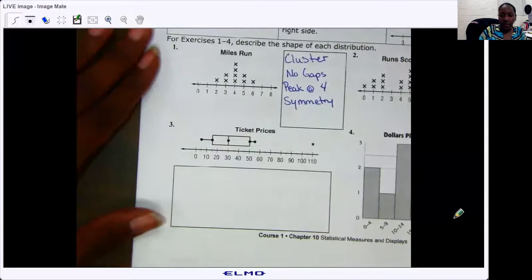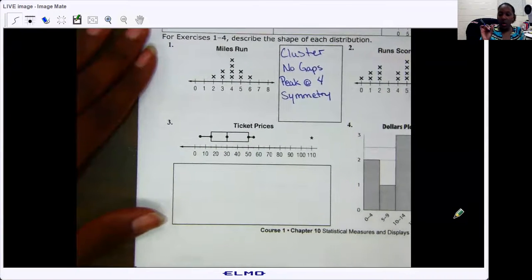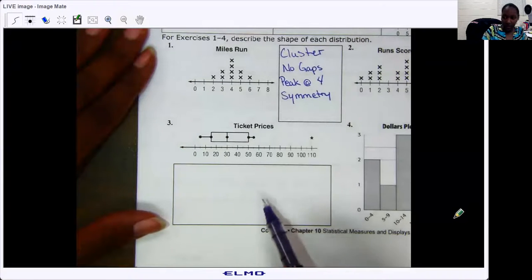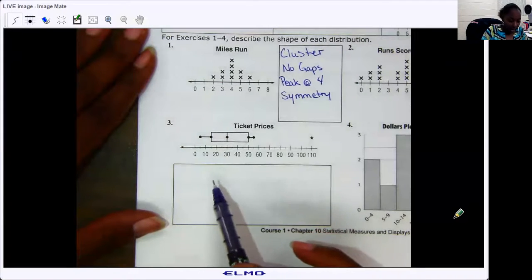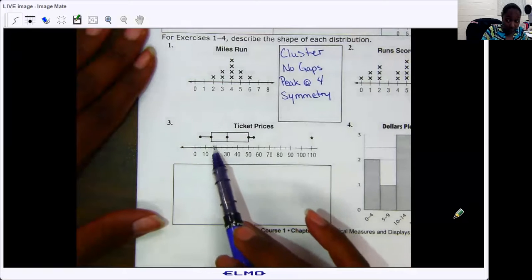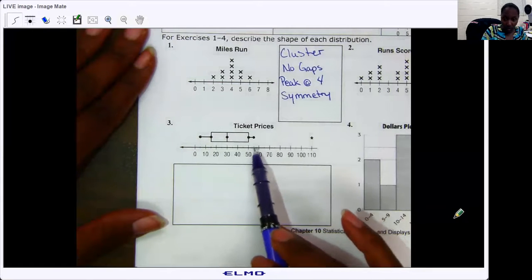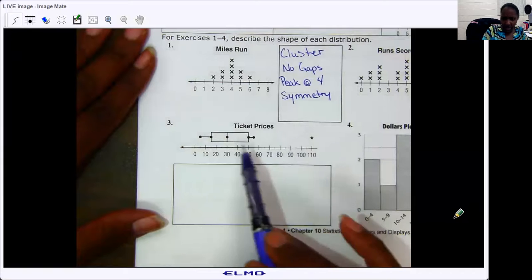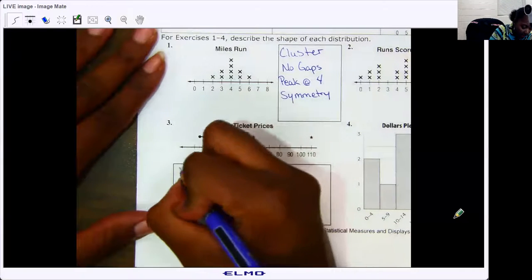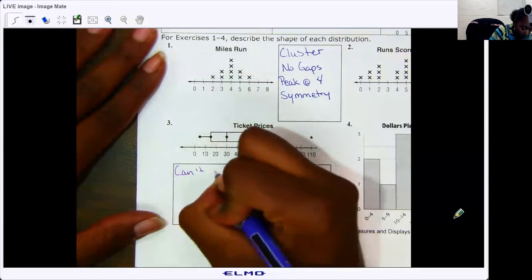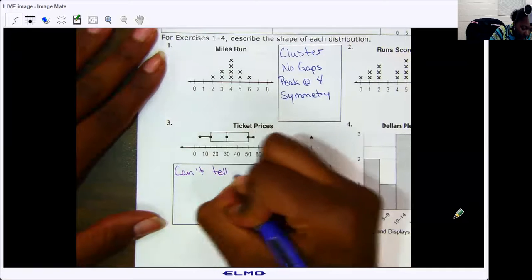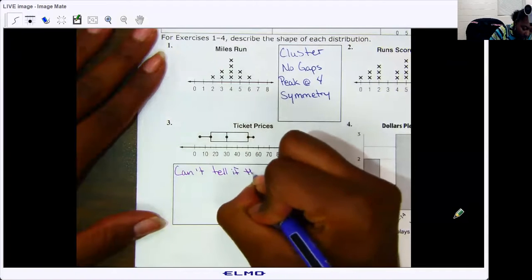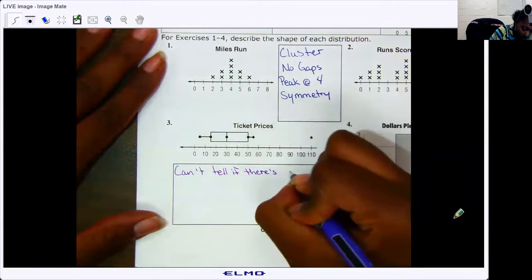Let's look at this box plot. Now, it may be a little hard to tell with some of these with the box plot, but let's see what we can figure out. All right, do we see a cluster of data? Well, on a box plot, we really can't tell if there's a cluster of data. So I'm going to say can't tell if there's a cluster.